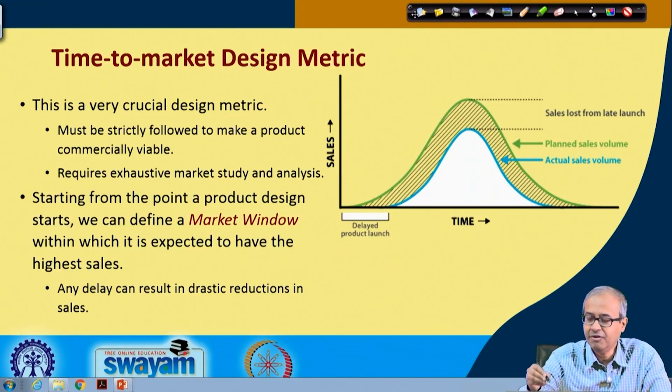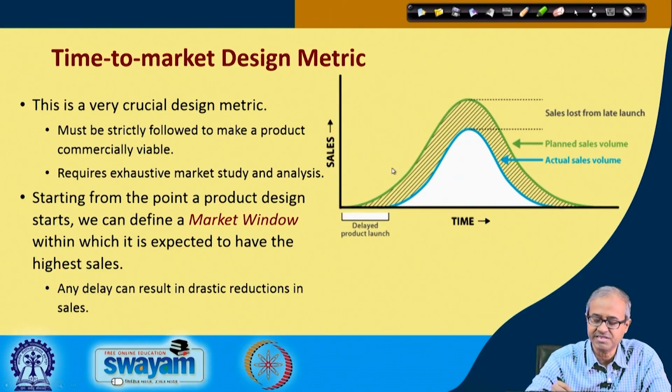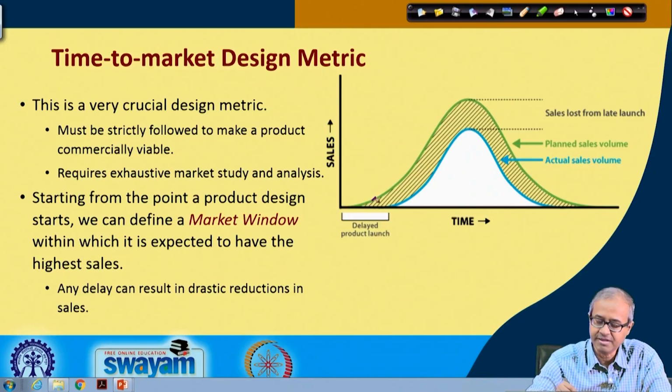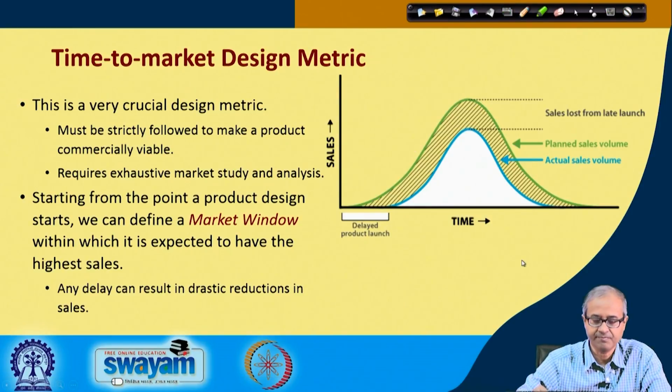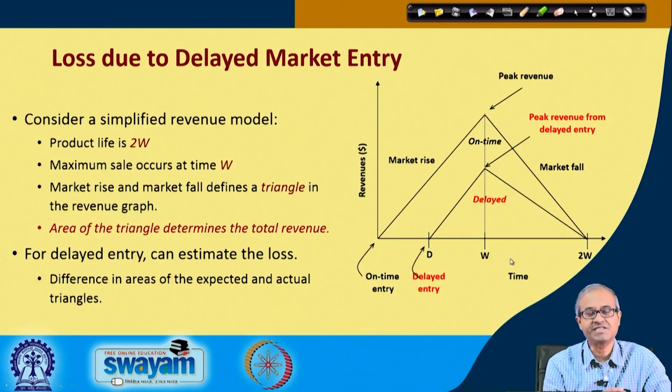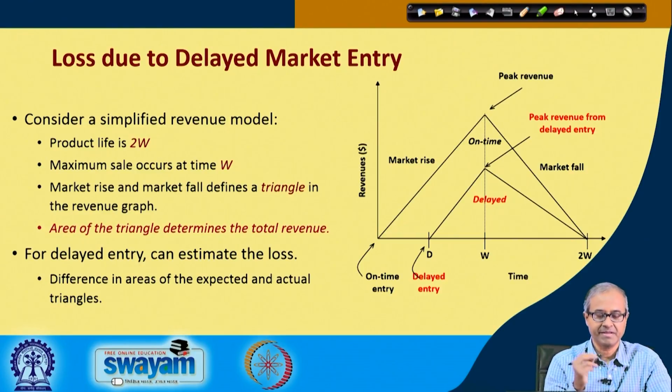Okay? Now, let us make a simple calculation with some approximation. The curve looks like this, but to a first approximation we can assume that these are straight lines. With that assumption, let us estimate how much loss we are expected to incur if there is a delay in entering the market. We consider a simplified revenue model.